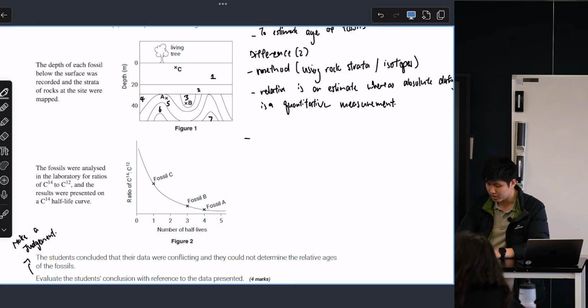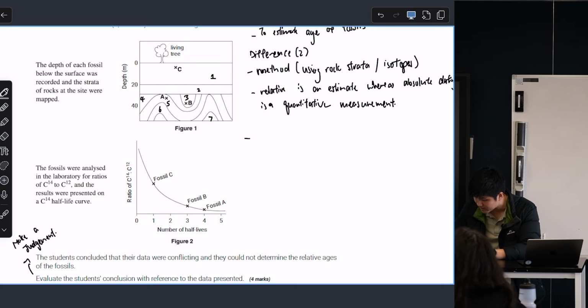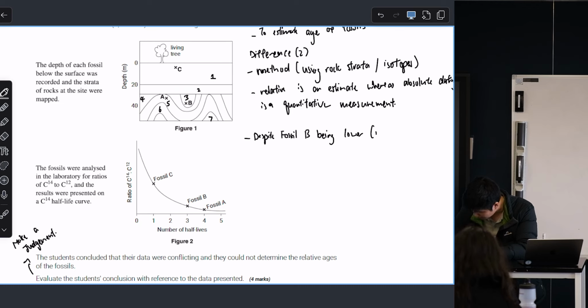So I'm going to acknowledge the difficulty in relative dating for figure 1. So I'm going to say even though, despite fossil B being lower in depth than A, the strata, yes, that's good.